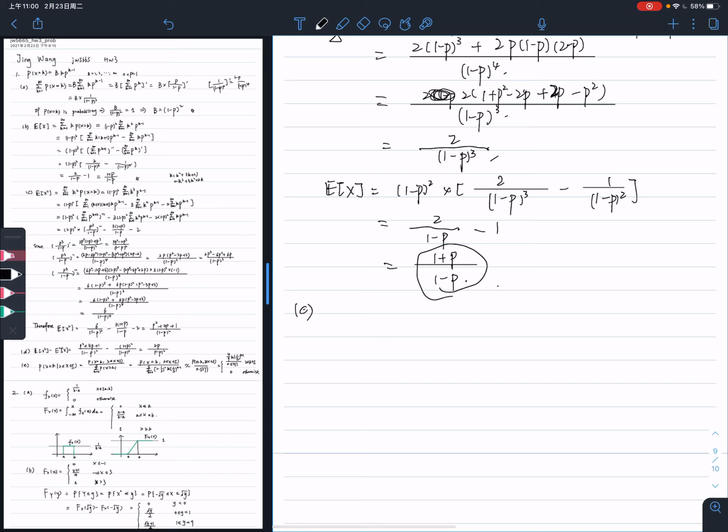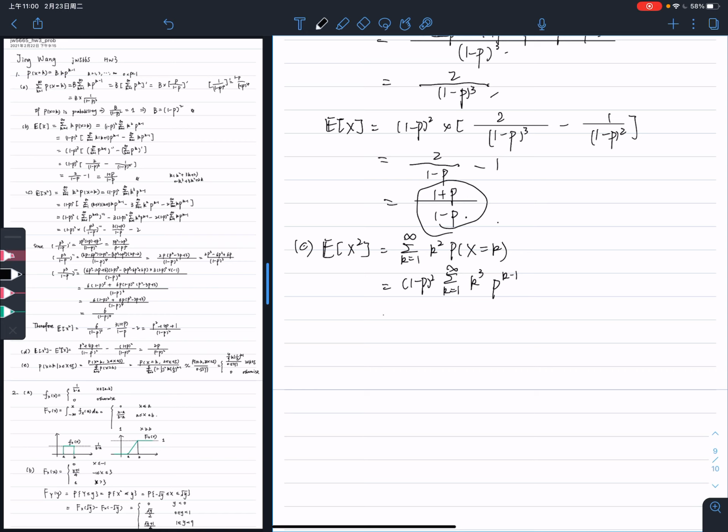For part C, we want the expectation of x squared. Similar to the solution of problem B, it is equal to the sum of k from 1 to infinity of k squared times the probability that x equals k. So it is equal to (1 minus p) squared times the sum of k from 1 to infinity of k cubed p^(k-1).